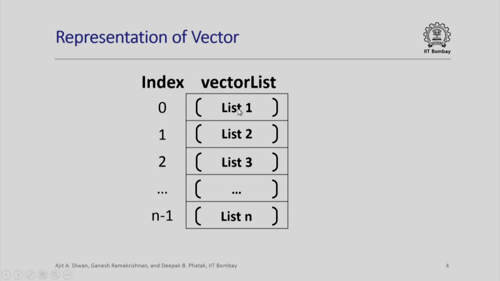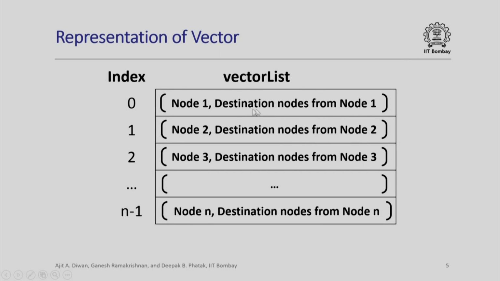Now, what should be contained in each list? That is very important. Each list will have first the source node identification. Now, obviously, if we have n nodes, it makes sense to include the node 1, node 2, node 3, etc. in that order, in that sequence indexed by 0, 1, 2, 3, 4, n minus 1.